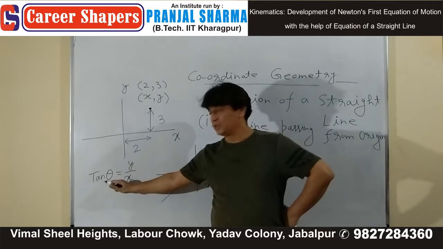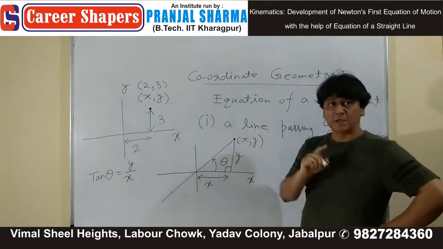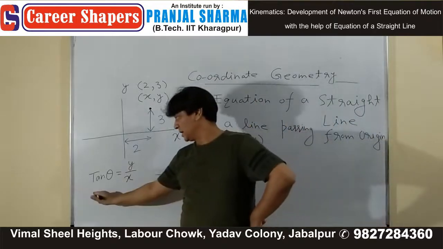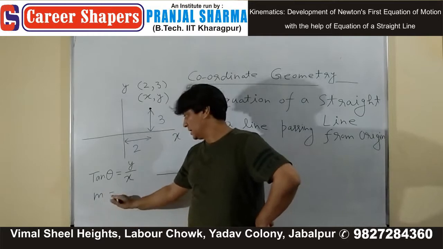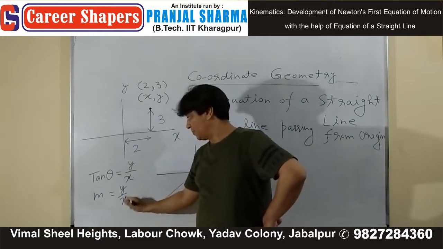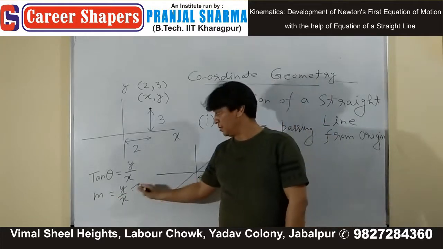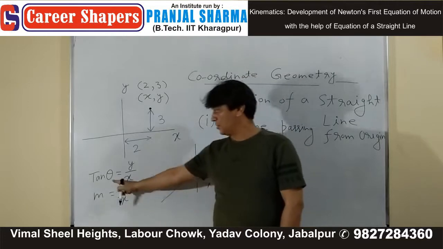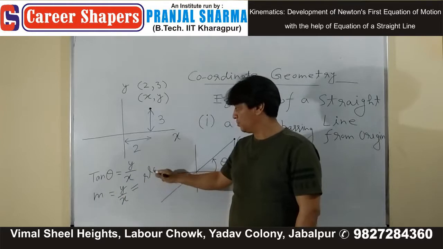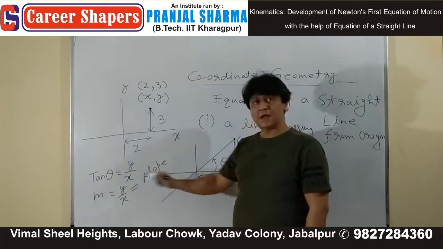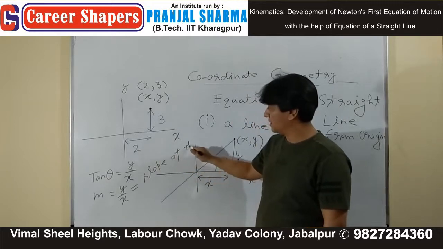This tan theta in coordinate geometry is given a special symbol. The symbol is what? M, which is y upon x. But from differentiation you already know that tan of theta was given a name, it was slope. So this M is also called the slope of the line.